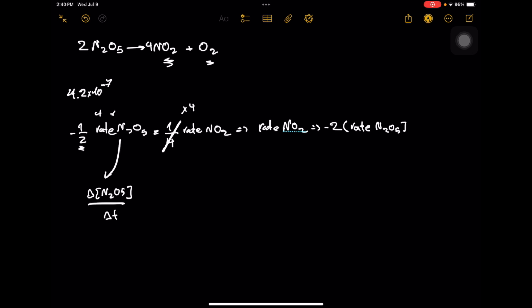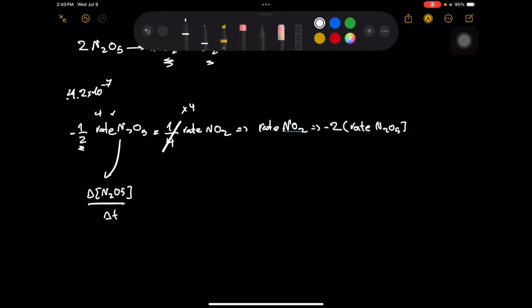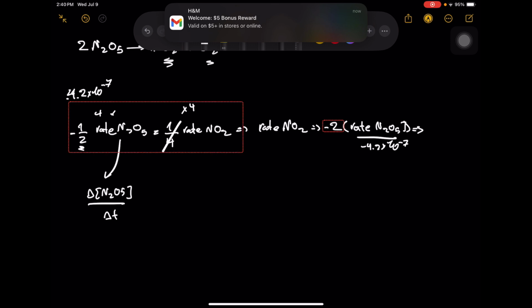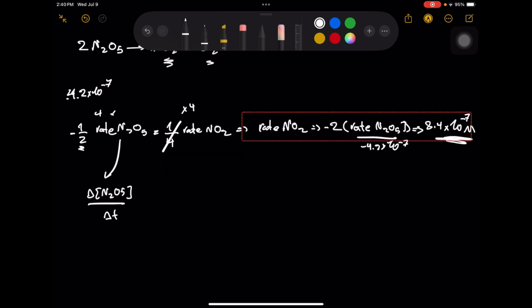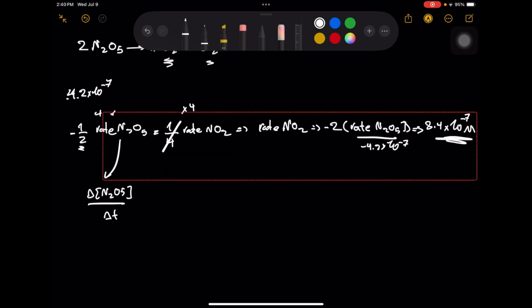Since this is the rate of decomposition, we have to put the negative sign here, so the final answer would be -2 times -4.2 times 10 to the power of -7. So the final answer is 8.4 times 10 to the power of -7 molar. That's the rate for NO2.